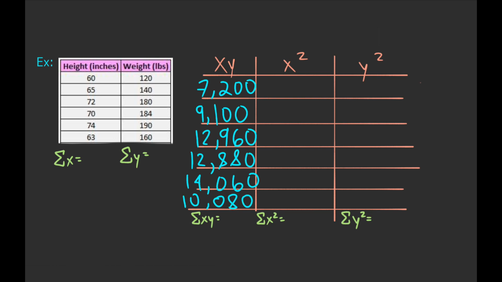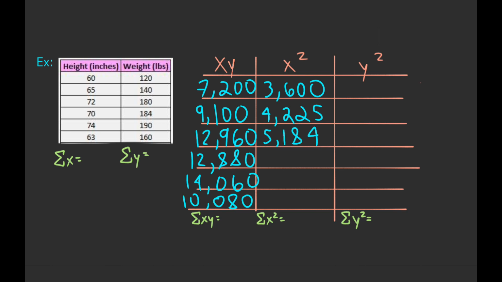So next we are going to move on to the x squared column. The first row will be 60 squared, which is 3,600. The second row is 65 squared, which is 4,225. The third row is 72 squared, which is 5,184.